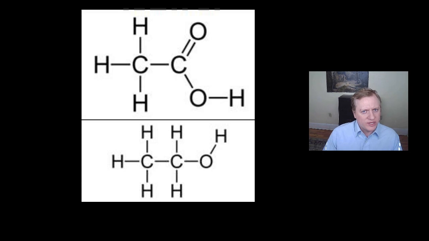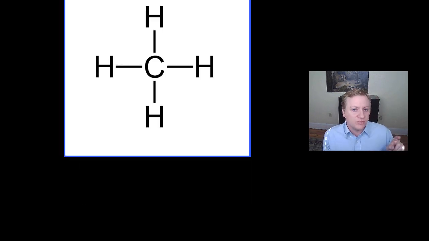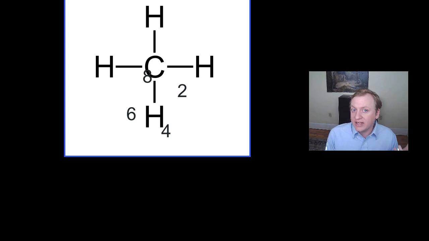And so in CH4, carbon has 4 dashes. Each dash represents 2 electrons. And so you can see 2, 4, 6, 8. Carbon has a filled valence shell. If we look at hydrogen, well, hydrogen just has 1 dash connected to it, right? But hydrogen is still happy because remember, the first valence shell, the first orbital, only has 2 electrons in it.